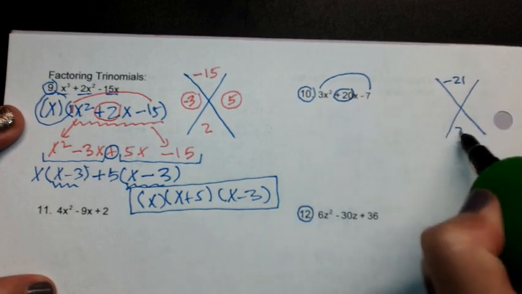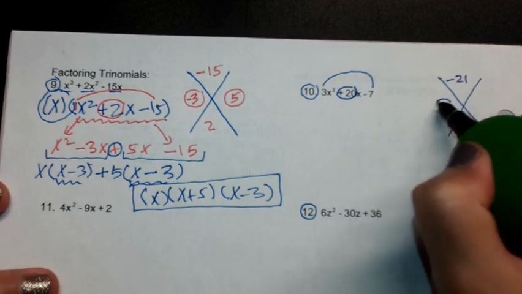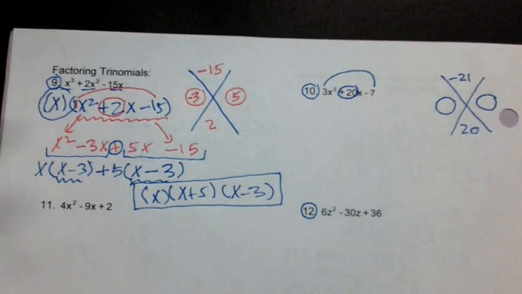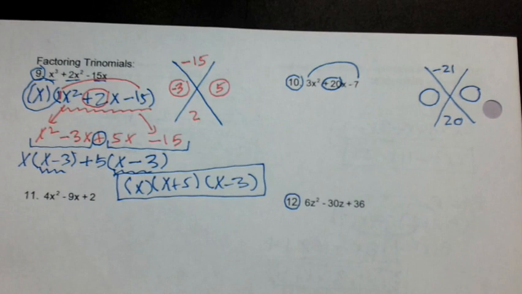20. Alright, think in your head real quick. Let it roll. Two numbers that would multiply to get negative 21 and add to get 20. I know 3 and 7, there's no way to get 20, right?